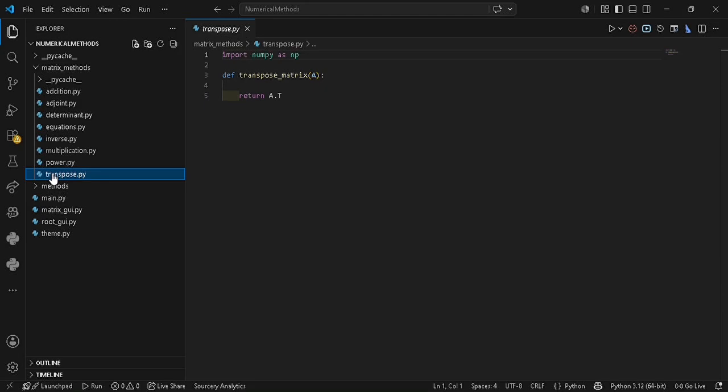All of these are completely isolated from the interface code. This is called separation of concerns. The math files have no idea the GUI even exists. They just receive inputs and return results.